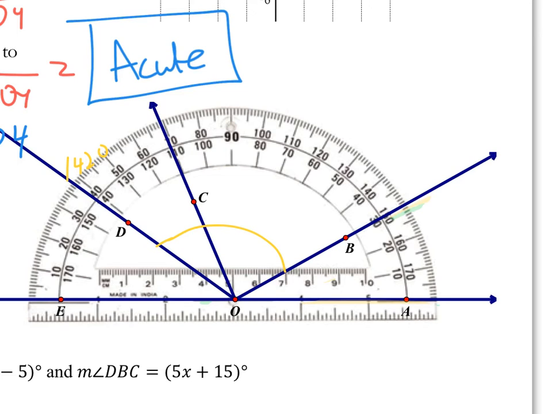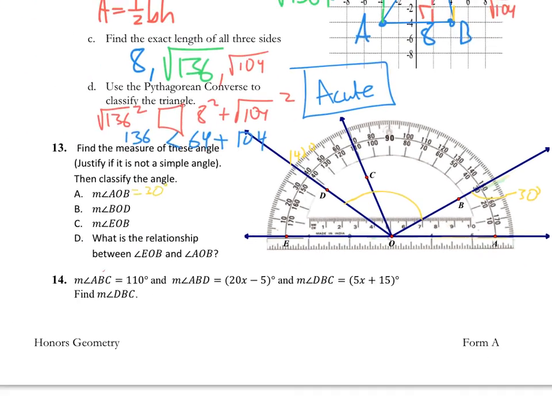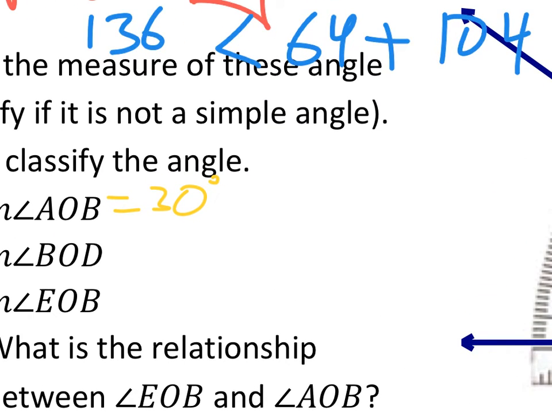And B is at 30 degrees. And so if we subtract those, we get 140 minus 32. We can find the difference. So we have 140 minus 32, and that equals 108 degrees. Okay?